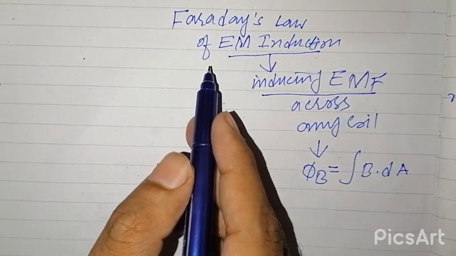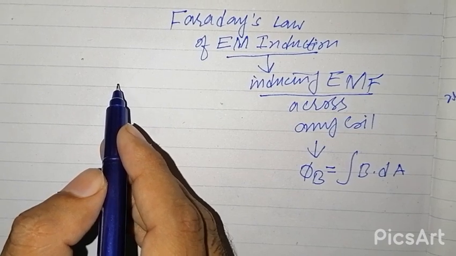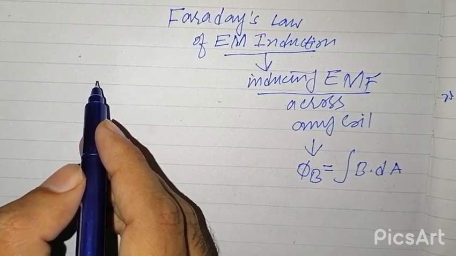Michael Faraday performed several experiments in 1831, and he concluded his results with 3 experiments, which we will discuss.